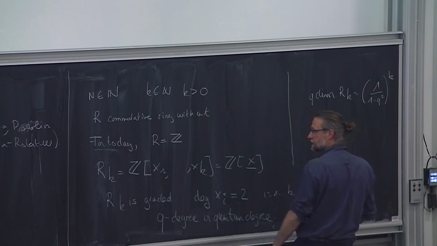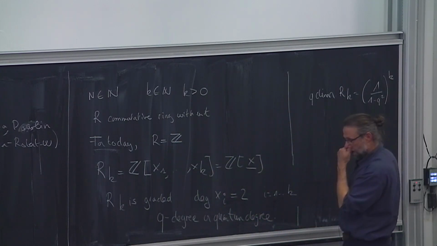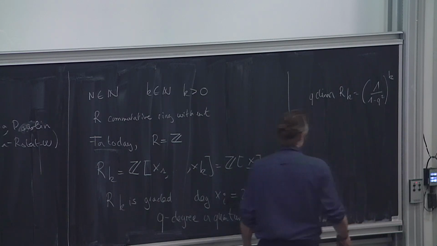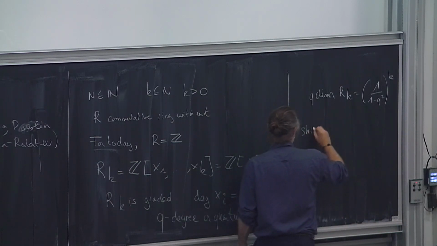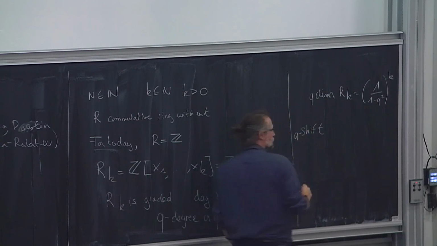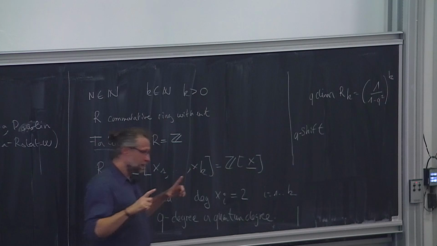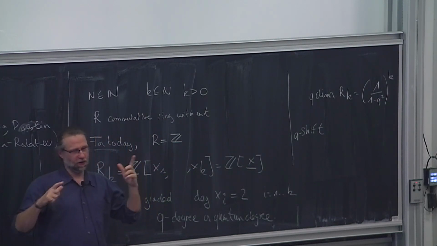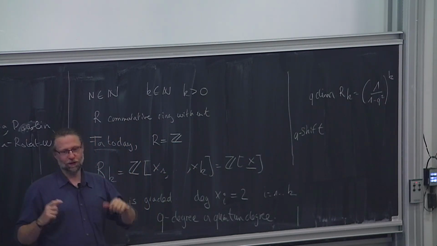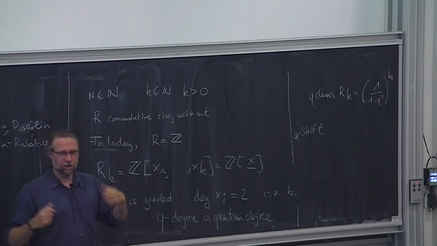Something I need, which already showed up in my blue box, is the shift, which is a Q shift. In the literature, shifts used to be written with other brackets, so not to confuse with any other brackets, I will not use brackets for the shift.